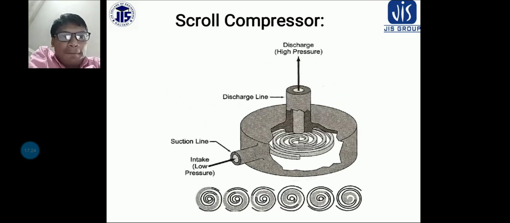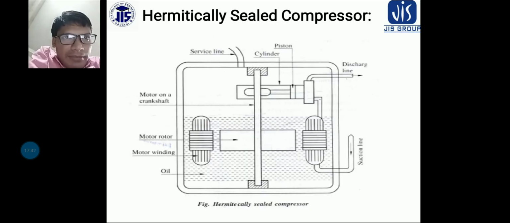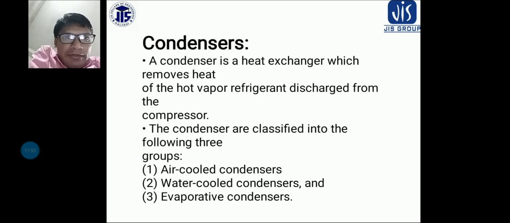The intake low pressure refrigerant enters the suction line or suction pipe, then it rotates, and after rotation you will see that this is the discharge or high pressure line, the discharge pipe. The hermetically sealed compressor was also discussed last class, in the first lecture, number 22.